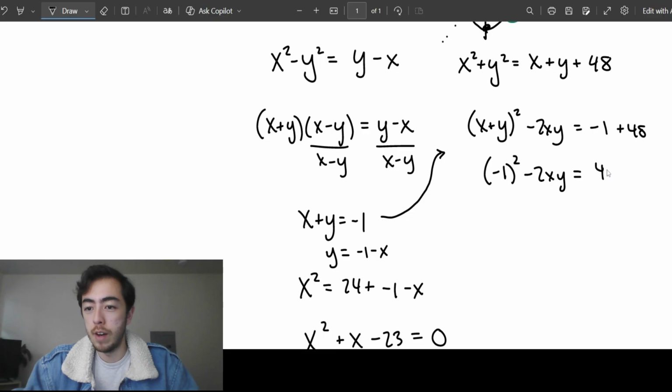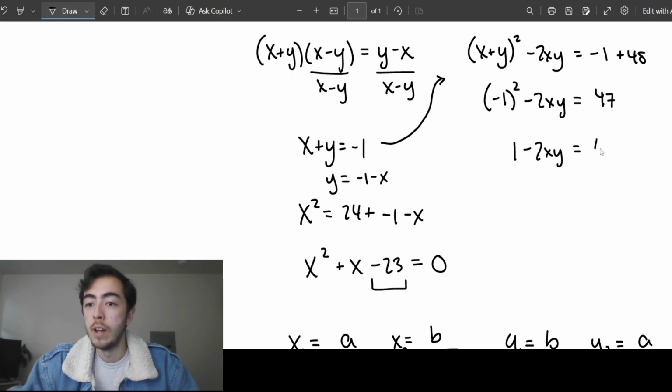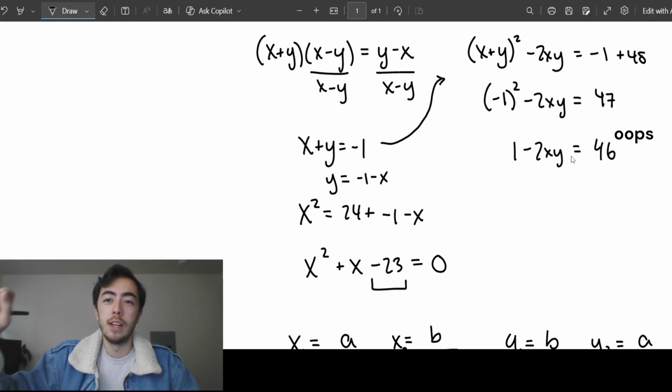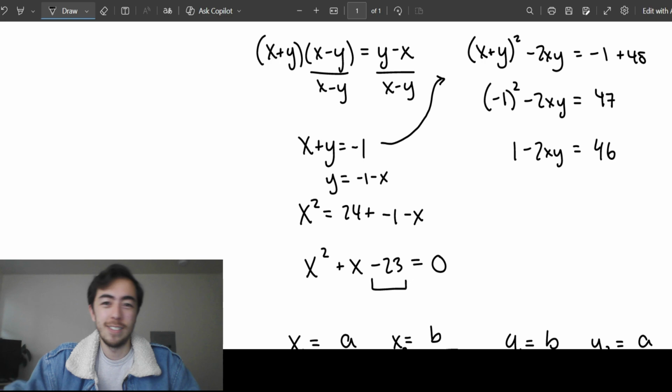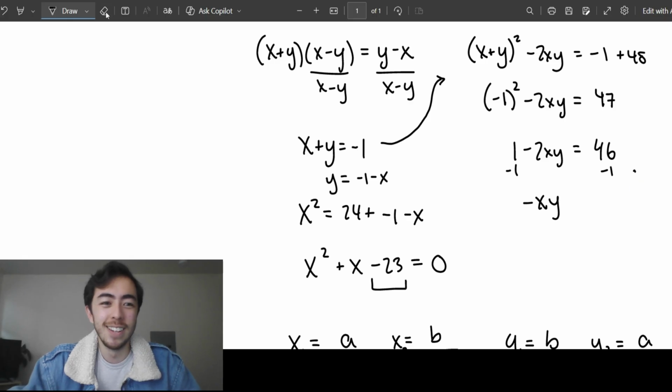Let's maybe simplify the right side, simplify the left side, and then, well, we're trying to solve for negative rs, in this case, negative xy. So my goal here is actually to isolate negative xy, not x, not y, not xy, but negative xy. To do that, I'll subtract 1 from both sides. Oh, wait, I already did that.